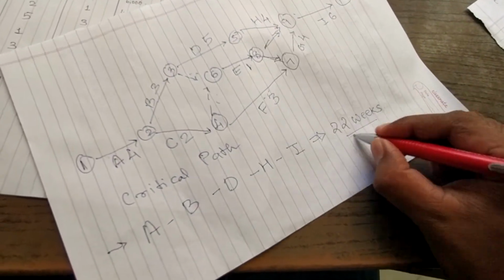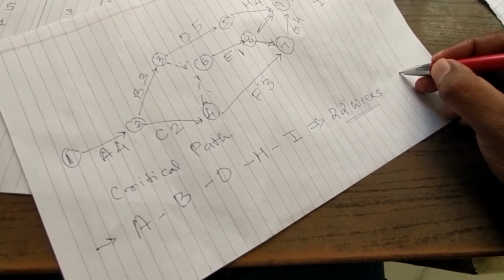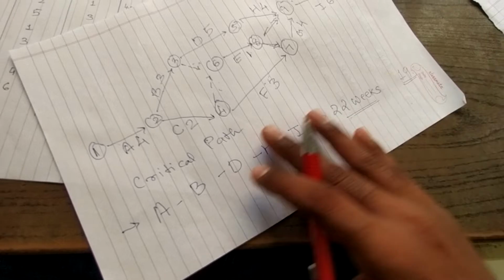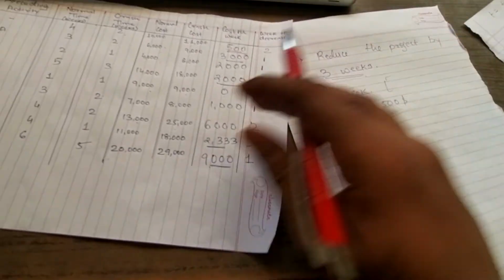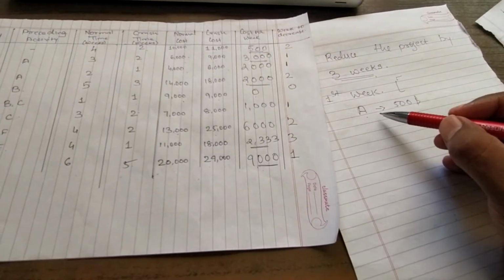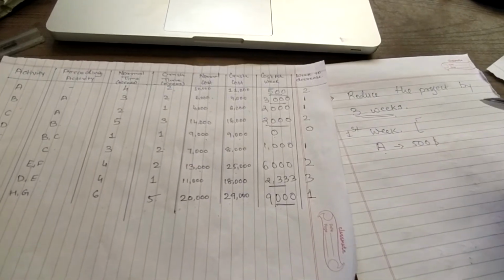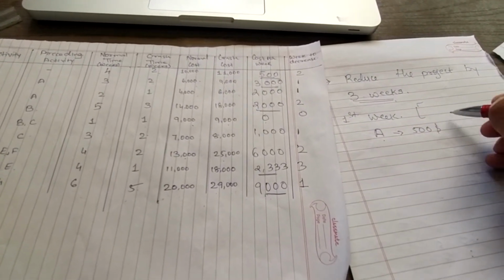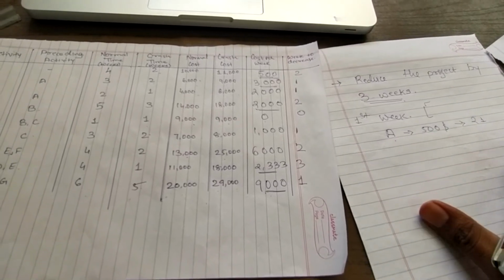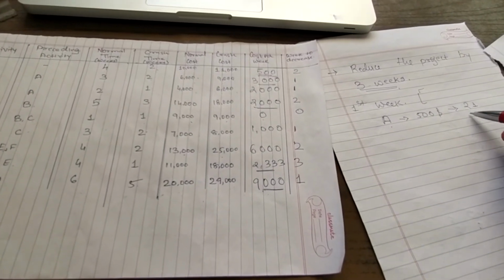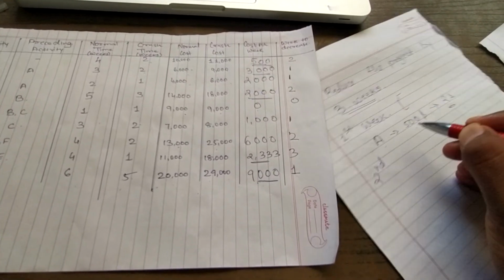Here the 22 weeks is what it requires, so I have to reduce this 22 weeks into 19 weeks. So in this situation, first of all, I will be reducing activity A by costing $500. So by this $500, my 22 weeks will be reduced to 21 weeks. Clear? By costing $500. Now I will be reducing the second week.